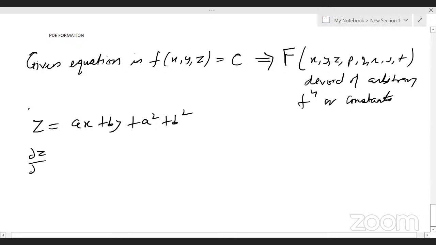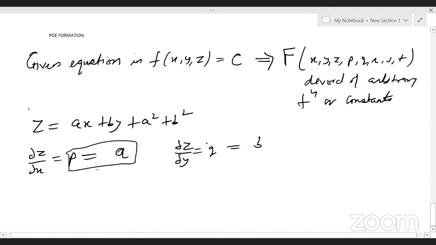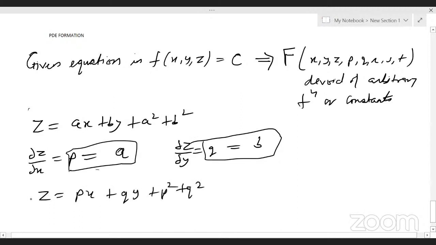Del z by del x, which is called p, is equal to a, because y will become 0 and the constant will become 0. Similarly, del z by del y, which is q, is equal to b. So from this we know that p is equal to a and q is equal to b. The equation can be written as z equals px plus qy plus p square plus q square. So this is the PDE for the given equation.